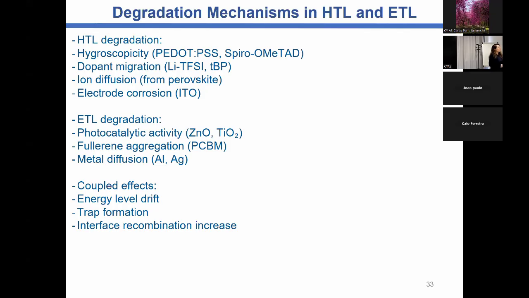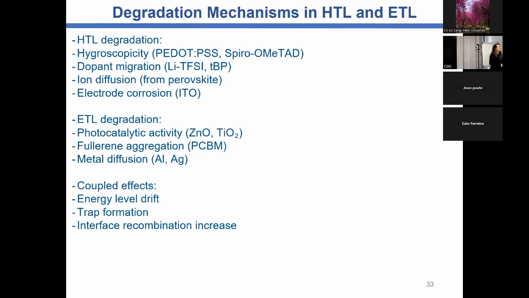ETL degradation also comes from the oxides, zinc oxide, titanium oxide, or in terms of organic interlayer ETL, we have to deal with the aggregation because of the dimers that can be formed with the fullerenes, and also the metal diffusion from the electrode to the active layer.